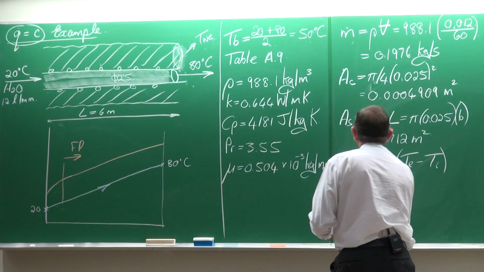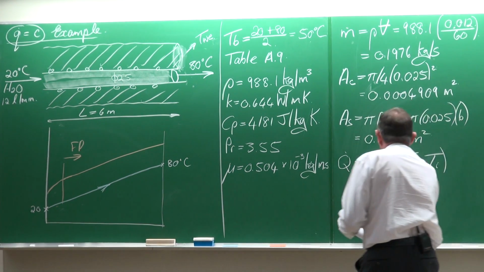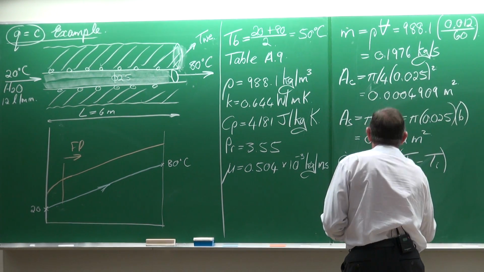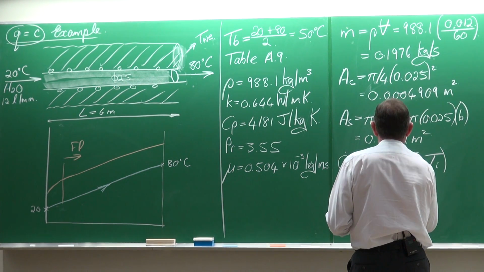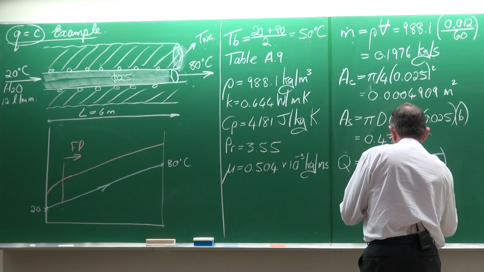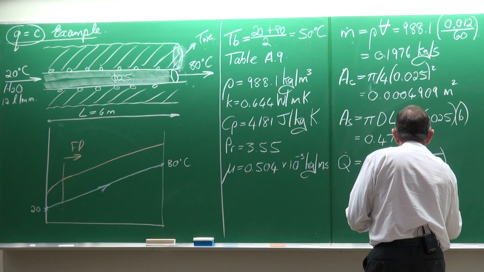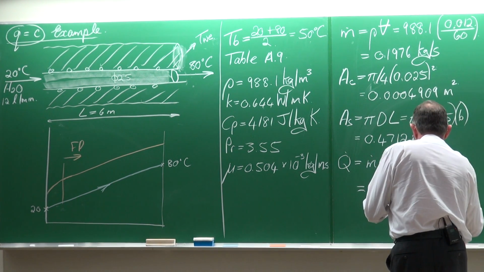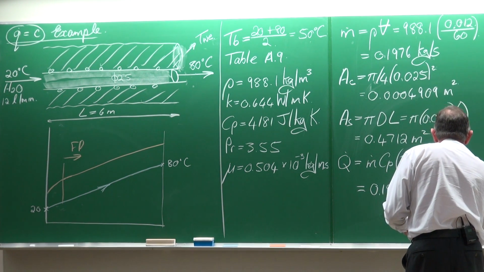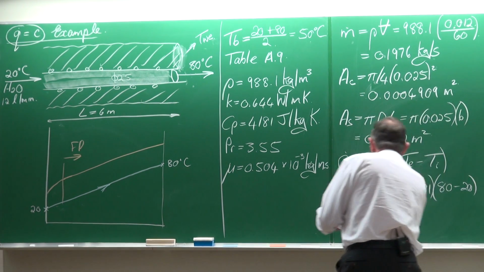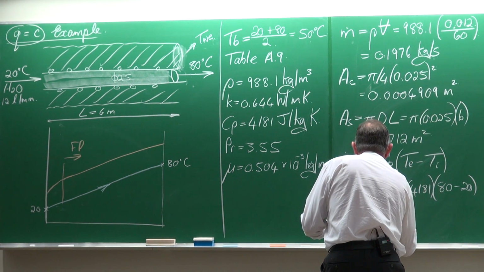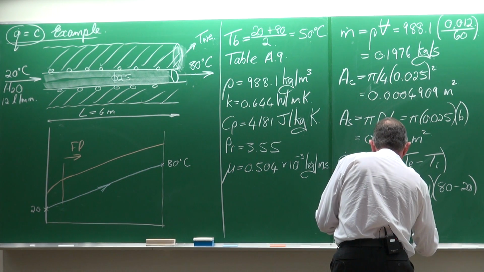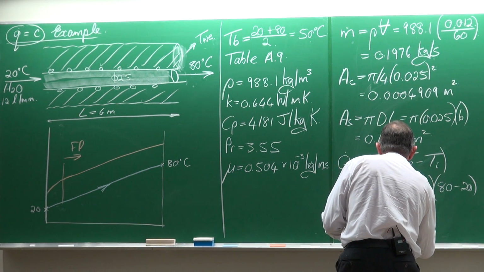The mass flow rate we have determined is equal to 0.1976 multiplied by CP, which is 4181, multiplied by the temperature difference, 80 minus 20, and the result is a heat transfer rate of 49.6 kilowatts.